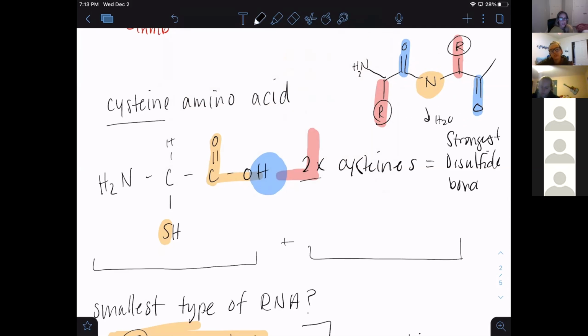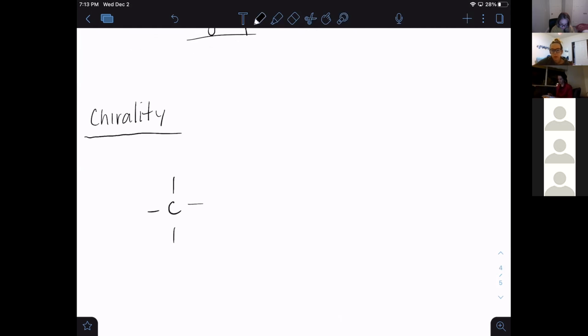Another thing is we're going to be dealing with chirality. It's coming back. So is everyone pretty comfortable with how to determine chirality? Yes? Okay. I'm just going to write a generic formula.